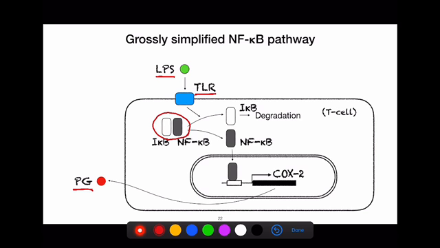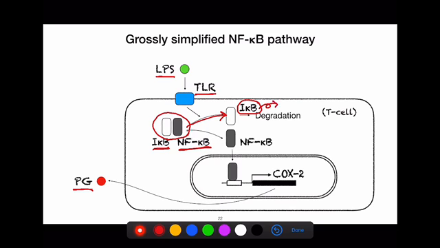In any case, LPS binding on TLR can dissociate the inhibitor of NF-kappa B and NF-kappa B complex to dissociate. When they dissociate, the inhibitor of NF-kappa B will degrade.